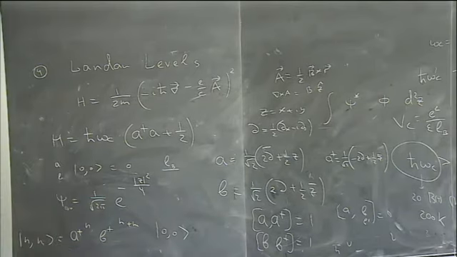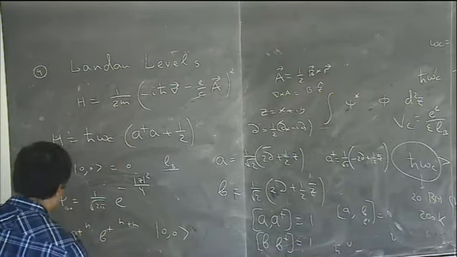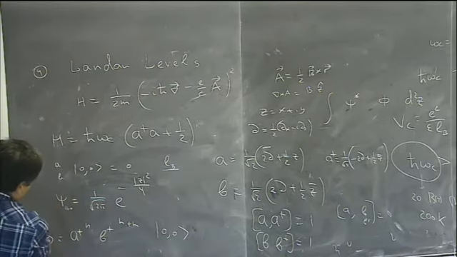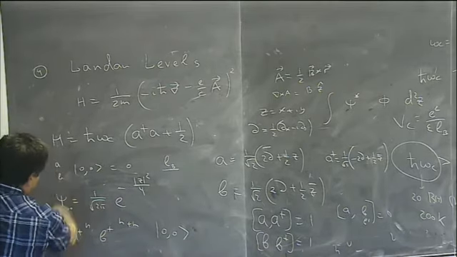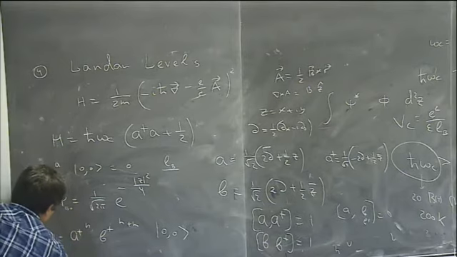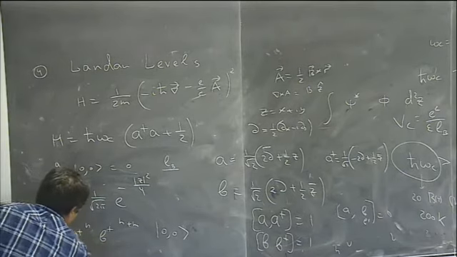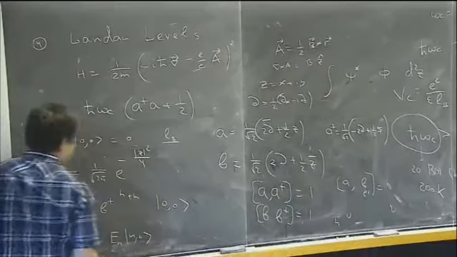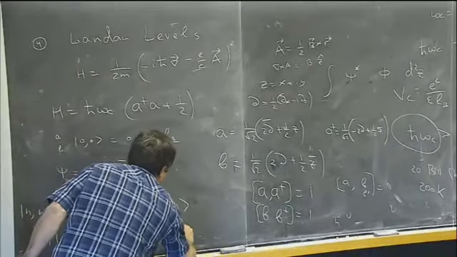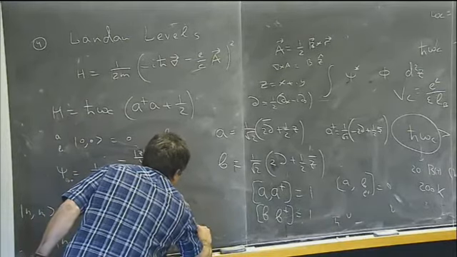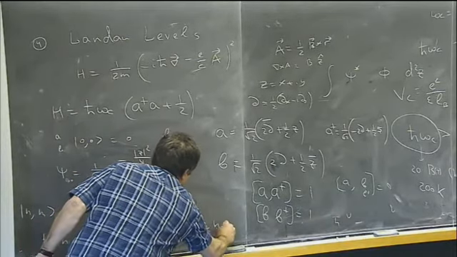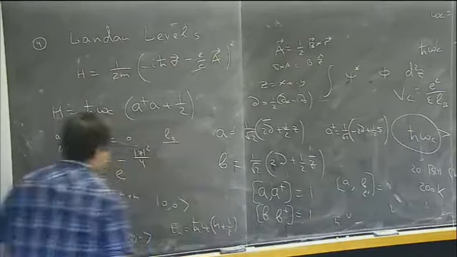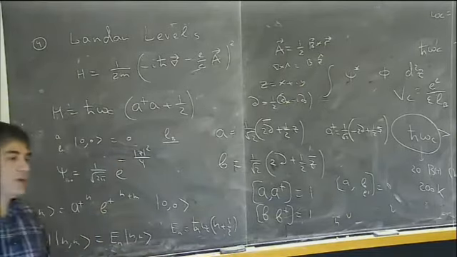It's going to be z to the n, z bar to the n. Almost, but not quite. The Hamiltonian acting on nm gives you E_n times nm. This nm is an eigenstate, and E_n is just h bar omega c times (n plus 1/2). And the energy does not depend on m.